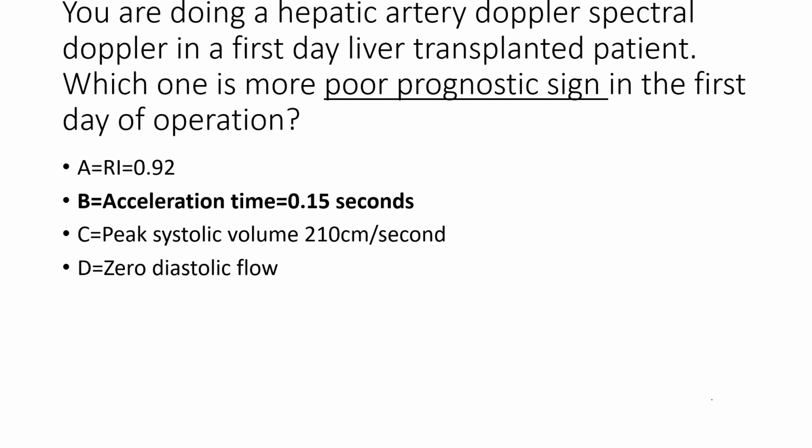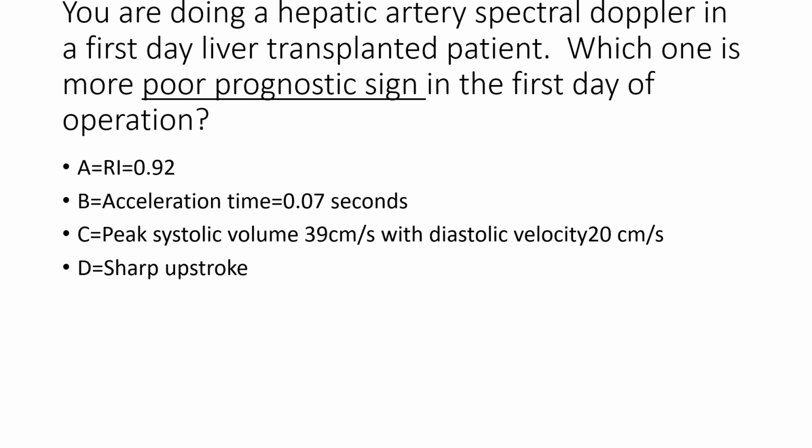But if we have high RI in most parts of the hepatic artery, peak systolic velocity more than 200, or zero diastolic flow, they are because of hepatic edema due to surgery or transient ischemia. The other options are abnormal, but they spontaneously resolve, and we should repeat our scan.